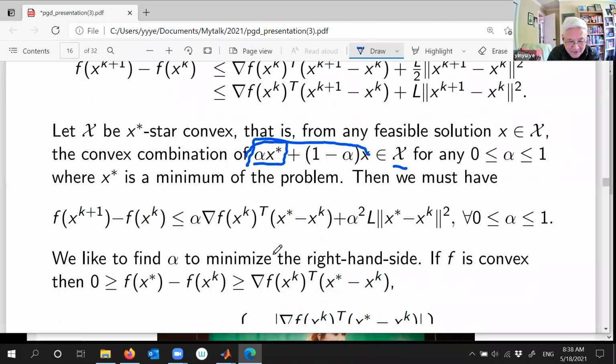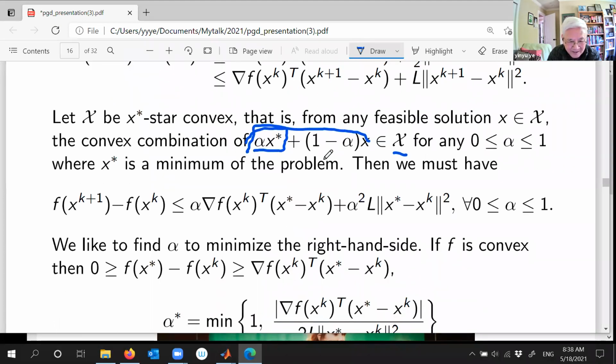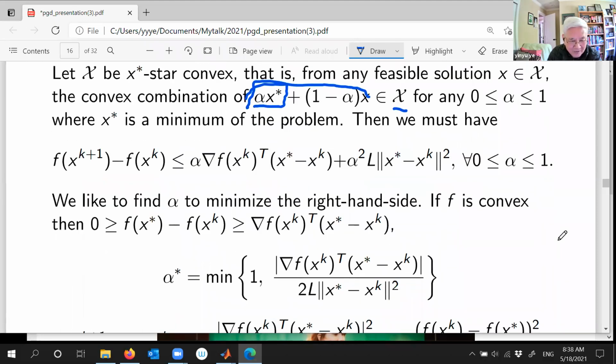If you substitute this line segment into that quadratic function, this is going to be less than or equal to the expression for any alpha. With these two given points, although we don't know where x star is, we can do this for analysis. Instead of using our naive bound, we can choose the optimal alpha to minimize this function.